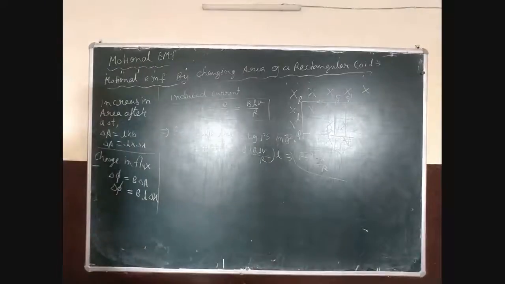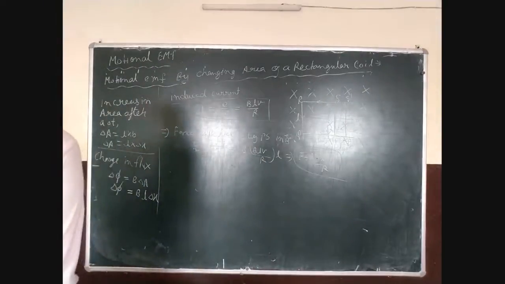Now what is power? If the conductor is moving with the velocity V, power is given by the product of force into velocity.